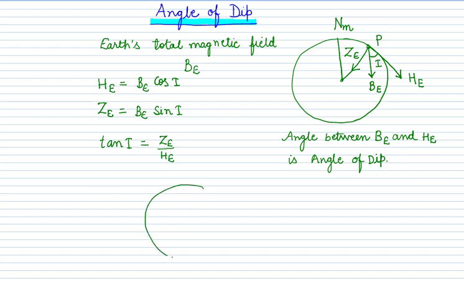Now if we draw our Earth once more. And this is with North Pole and South Pole. And here we assume a large bar magnet that is placed inside. So if you draw the magnetic field lines, it would be somewhat like this.